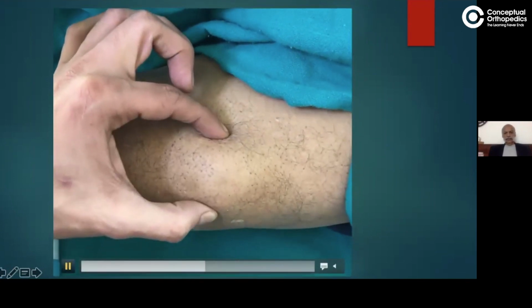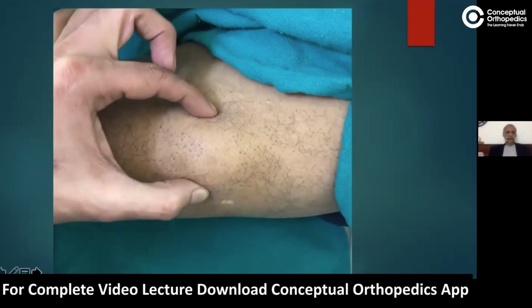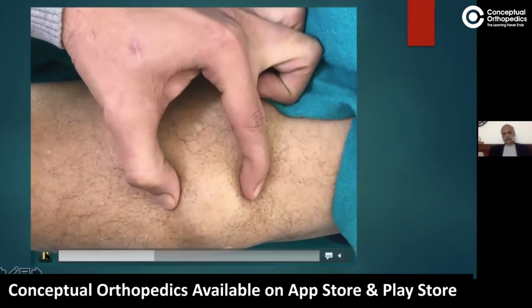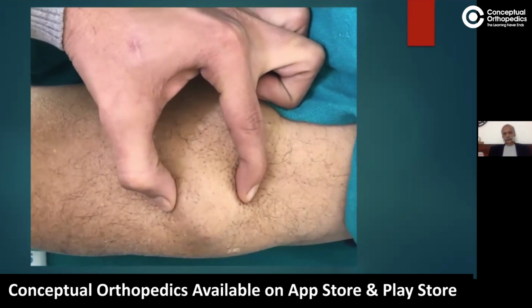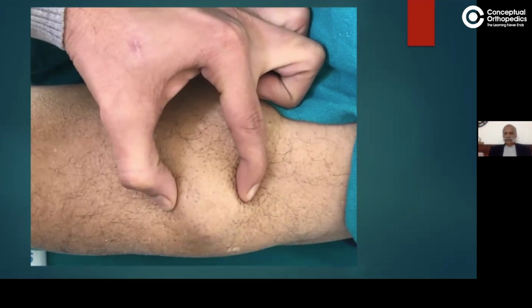The swelling seems to be more mobile in transverse direction than in the vertical. Vertically, it is less mobile. This is the data which we are collecting. This is the information by our maneuver which we are deriving. What it means, we'll slowly analyze later on. Do you agree with this, or does someone have any different thoughts?